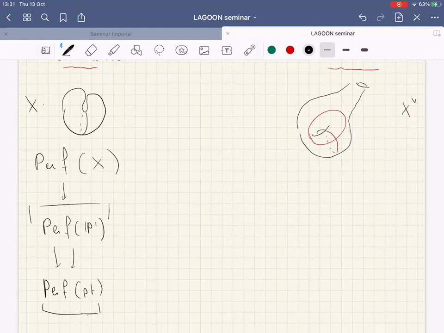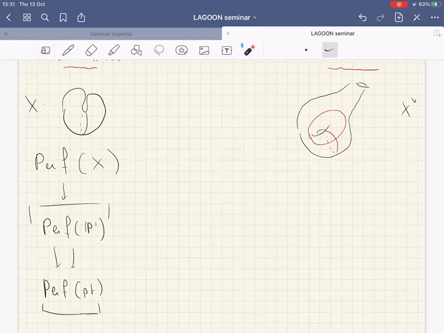So let me explain. What are we saying here? This P1 is the normalization of X. And all we are saying is that giving a perfect complex, but we can think also of a vector bundle over X, is the same as giving a vector bundle on the normalization together with gluing data.